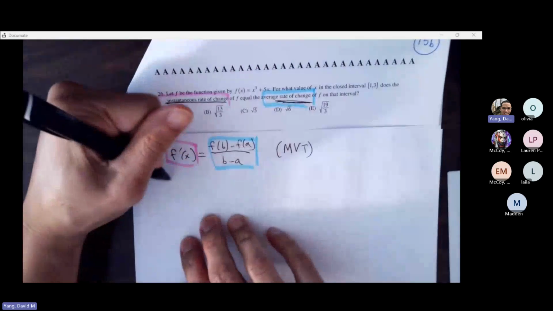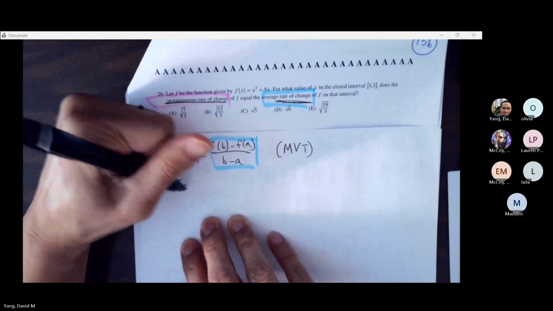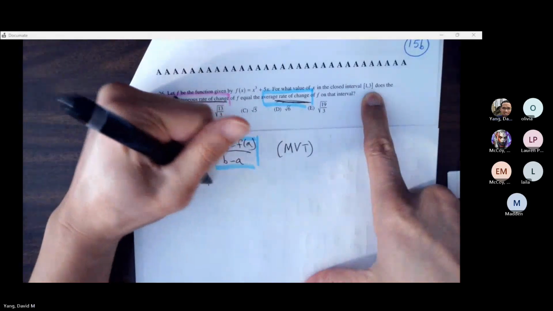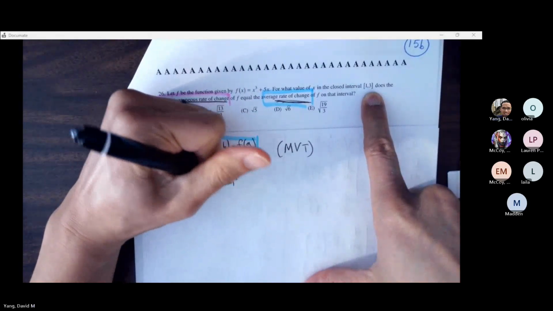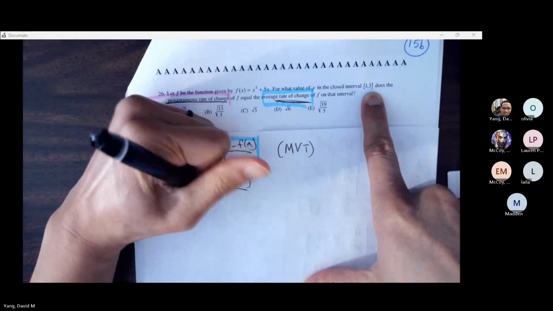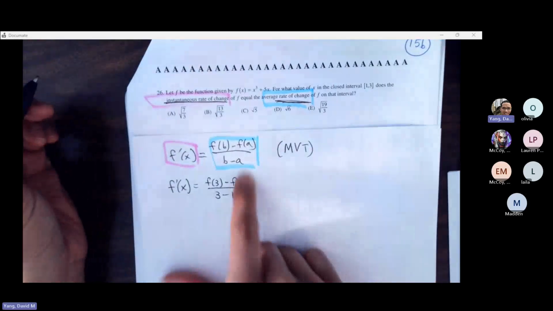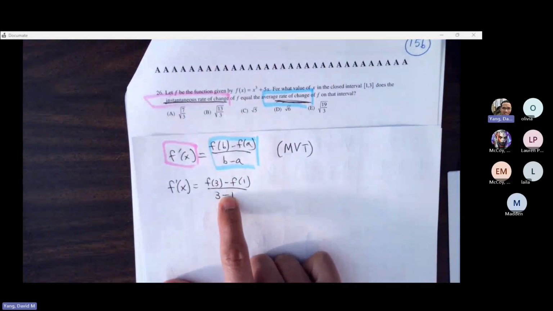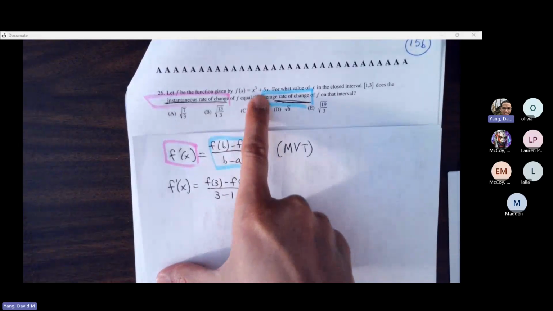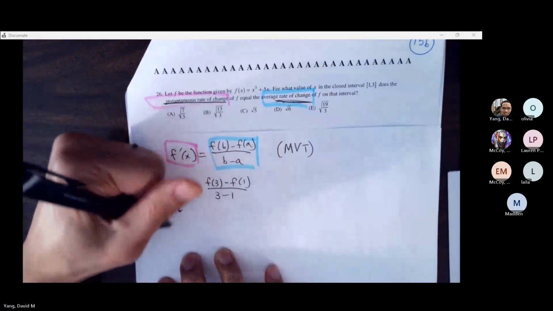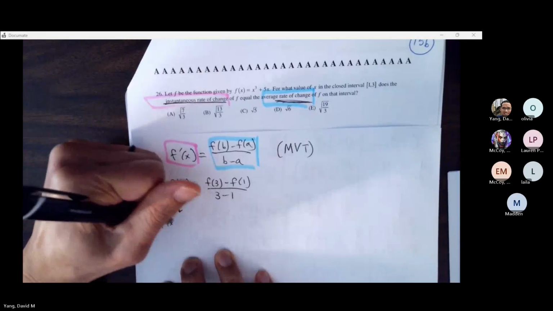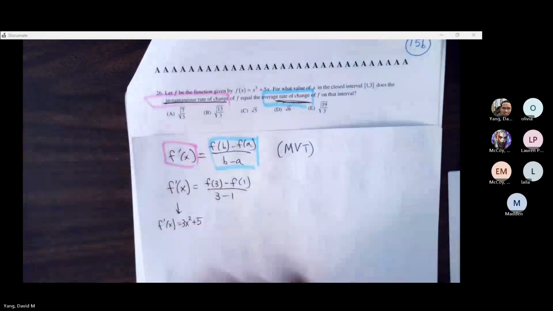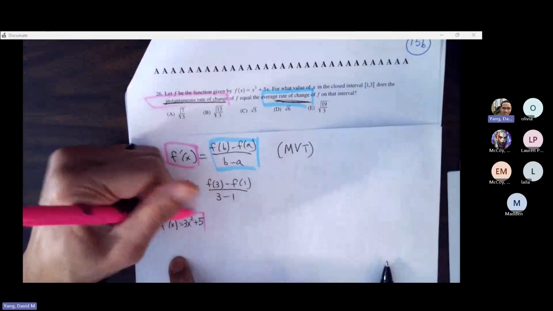Okay, so my a and b values are 1 and 3. So we can figure that out by going through ordered pairs. We'll find ordered pairs, we'll find slope. F prime is just power rule. So we'll come back to that when we need it.